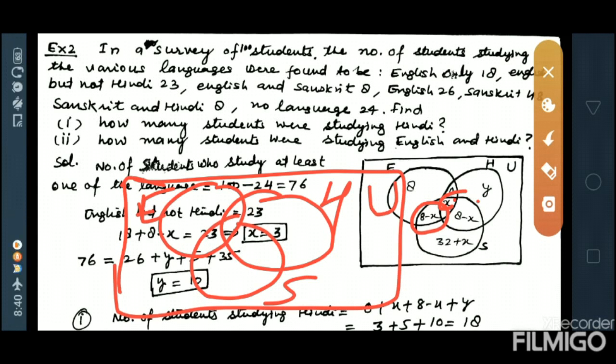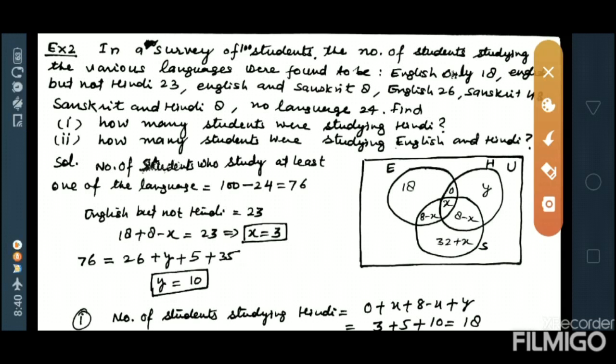Now Sanskrit and Hindi, it is also 8, so this will also be 8 minus x.